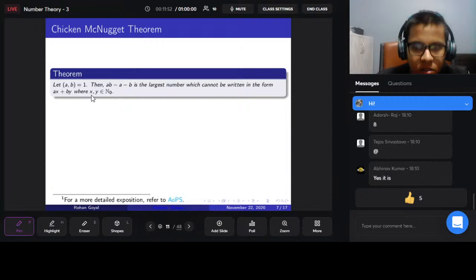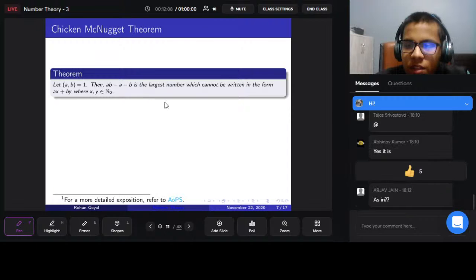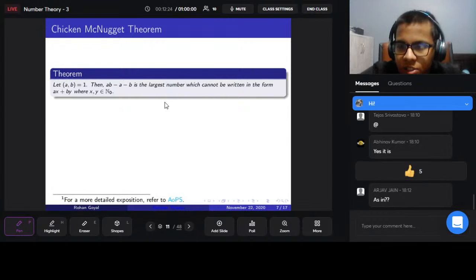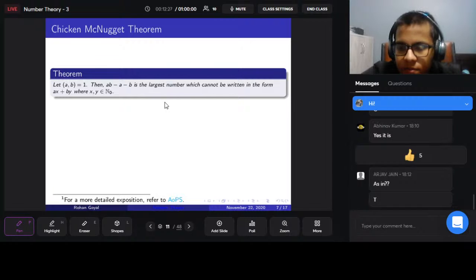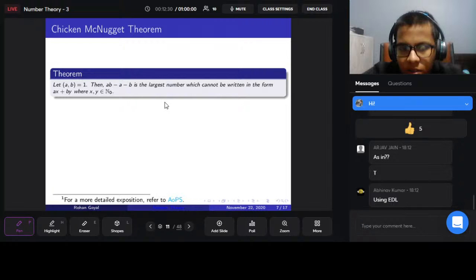Now we consider this. How do you think we can approach this problem? Just type your ideas in the chat. How do you think we could approach proving this theorem? If you wanted to prove this, how would you prove it? Any ideas work, just try. How would you use the Euclidean division lemma here?